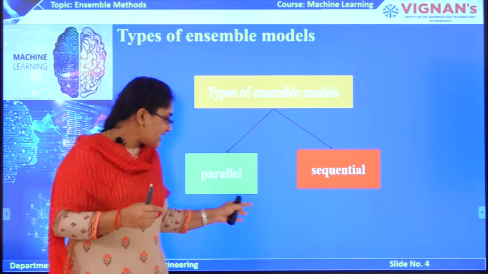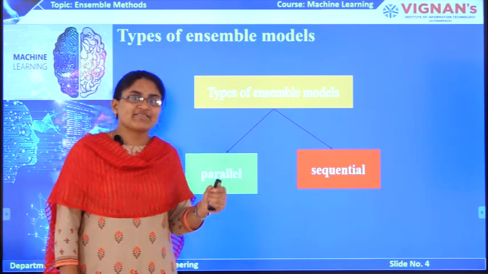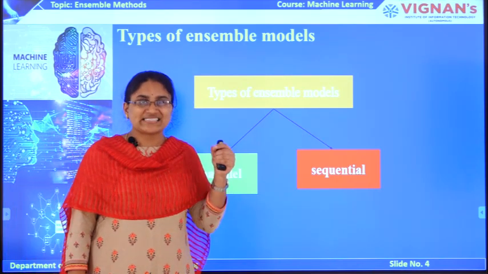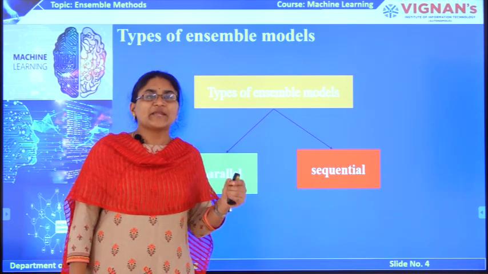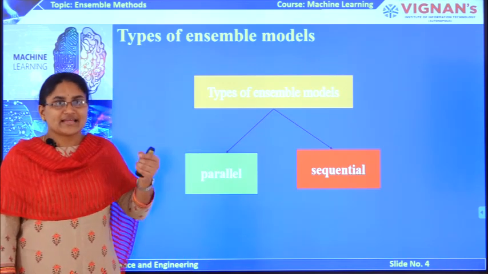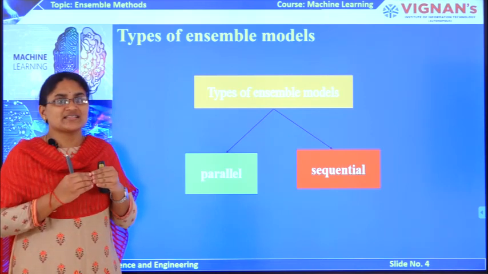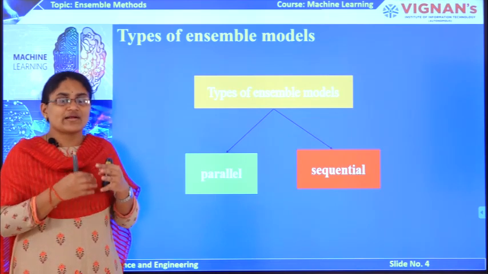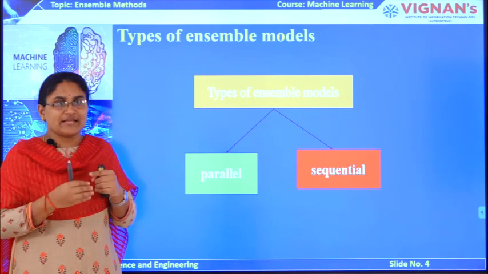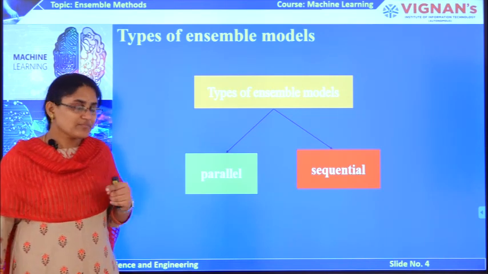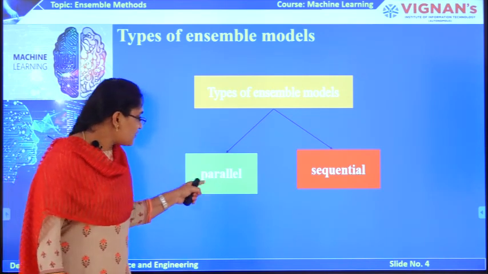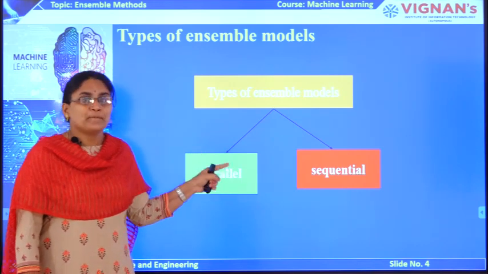In a parallel model, we are creating the base classifiers in parallel. So there is no dependency. Meaning all models are trained independently of each other. And the example for this parallel model is bagging.